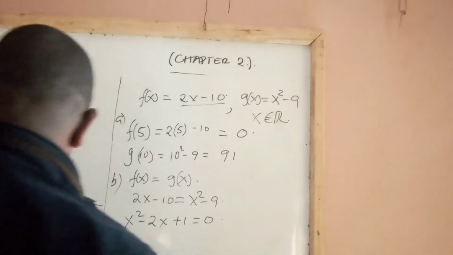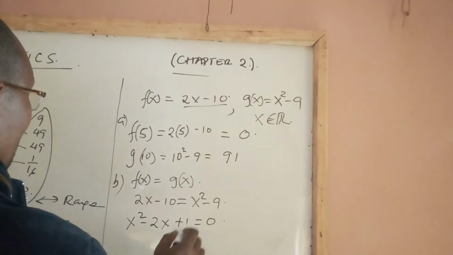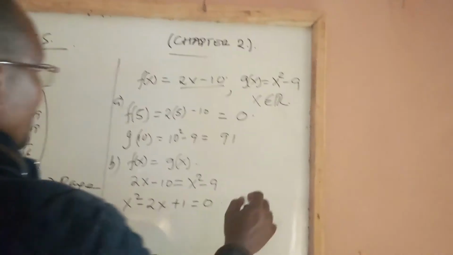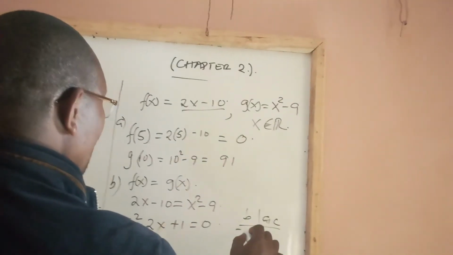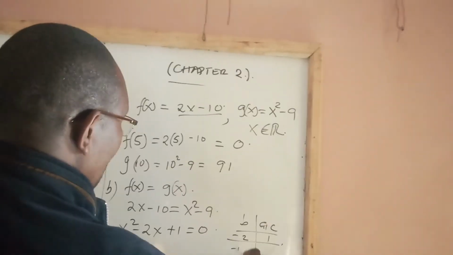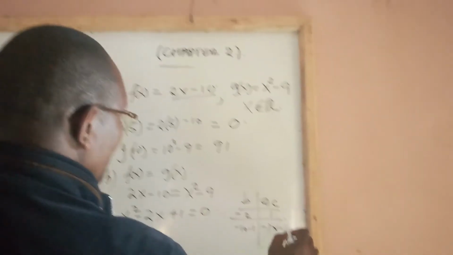As you can see, if you factorize this, we need two numbers that multiply to give ac and add to give b. Our b is minus 2, our ac is 1, and clearly this is minus 1 plus minus 1, and minus 1 times minus 1.